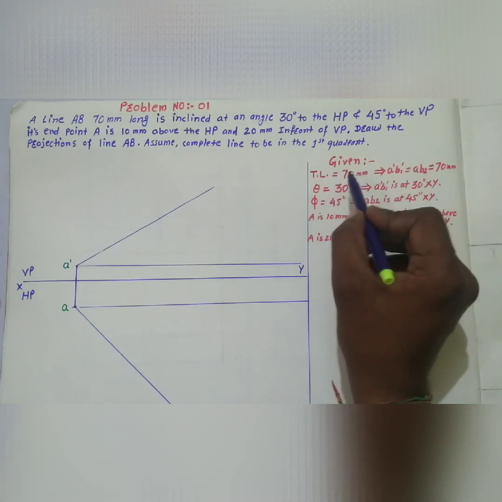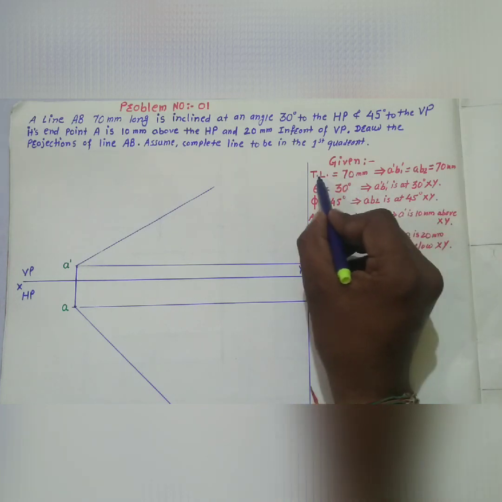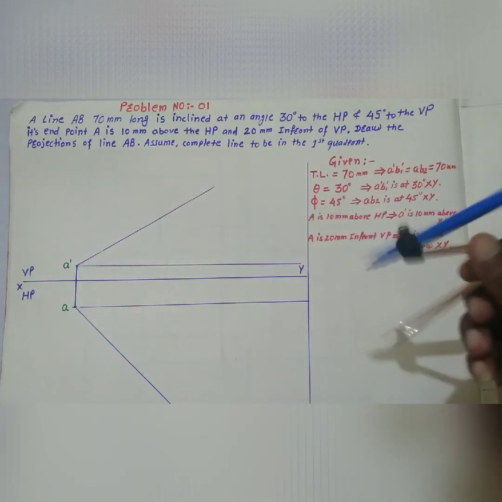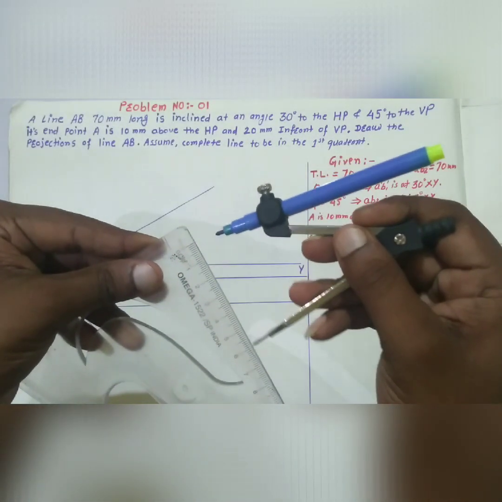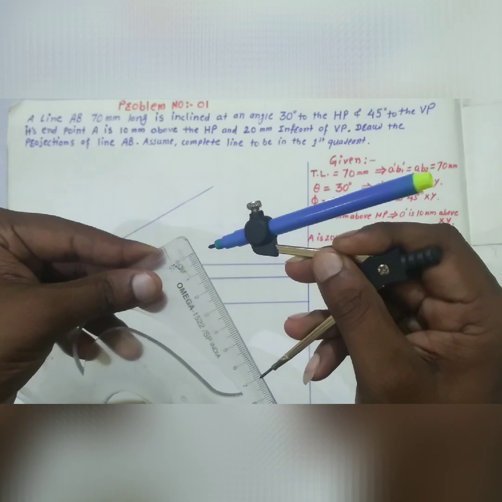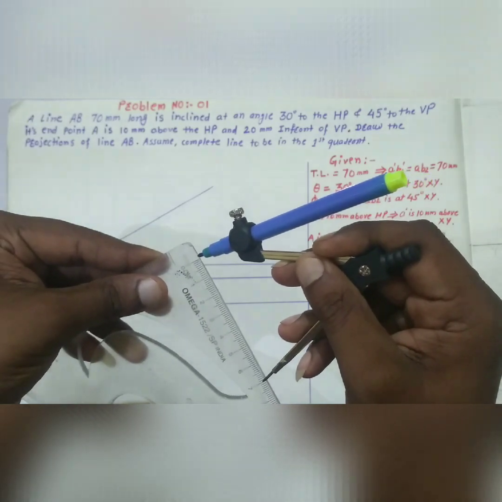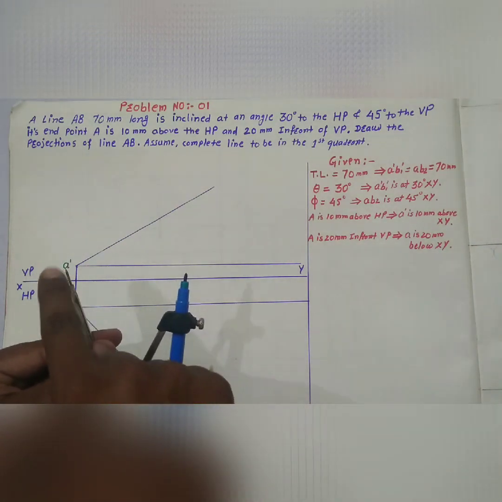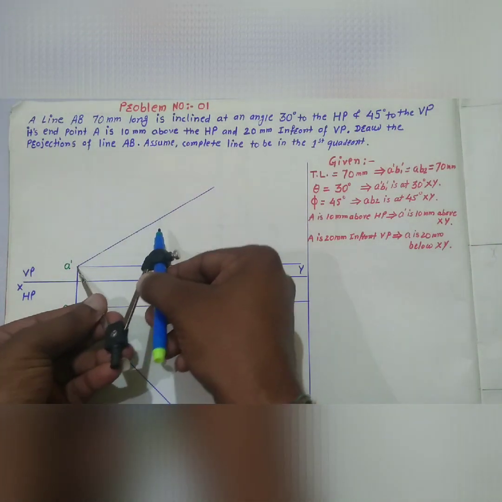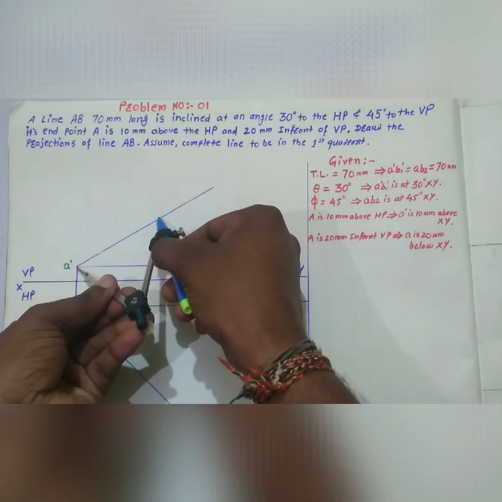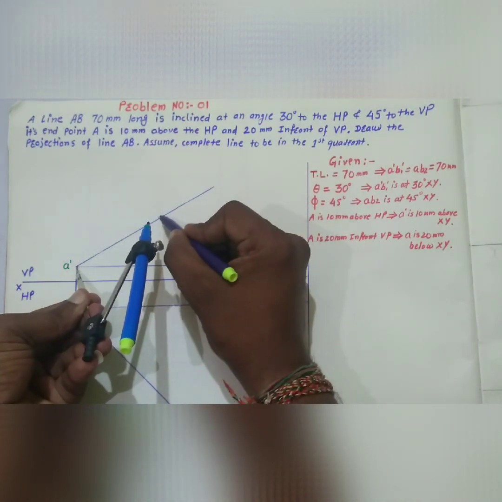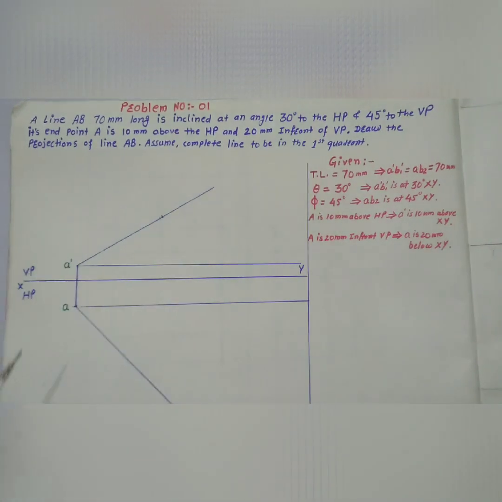Now the only remaining thing is 70 mm, which is the true length. Take a 70 mm distance in the rounder. From point A dash we mark one point at a distance of 70 mm.